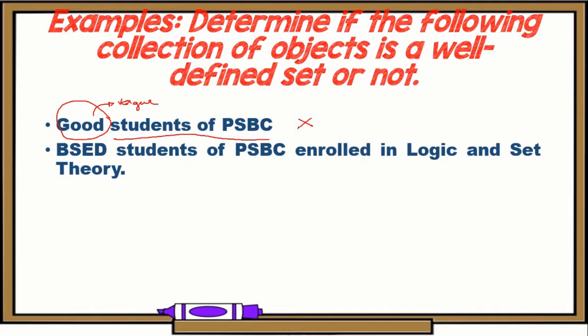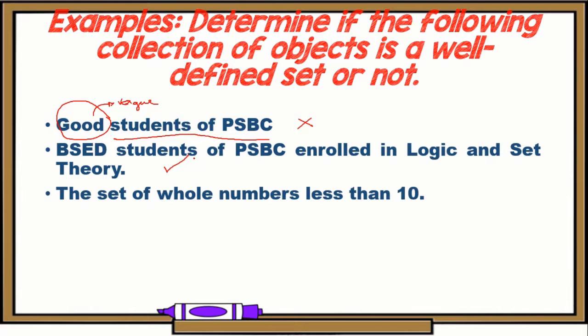Let's have the next example. Students of PSBC enrolled in Logic and Set Theory. Is this well-defined? Do we have all the characteristics in order for us to know the elements or members of the set? Yes. Therefore, this set is well-defined.